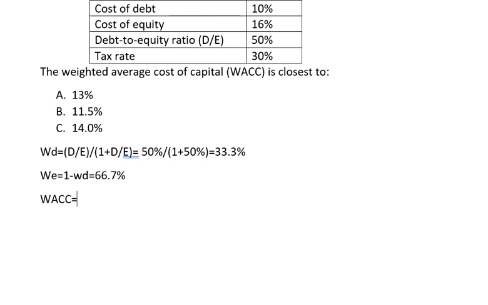WACC equals weight of debt times cost of debt times 1 minus tax rate, plus weight of preferred stocks times cost of preferred stocks, plus weight of equity times cost of equity.